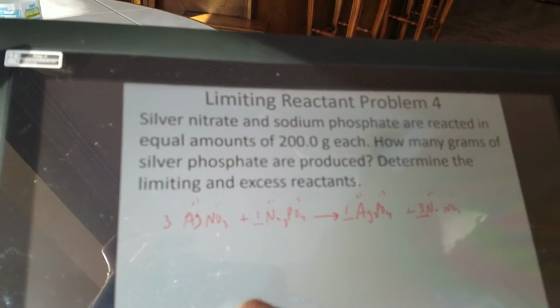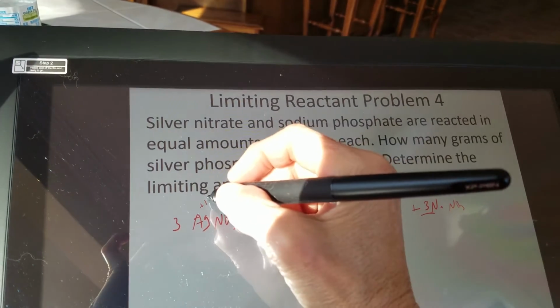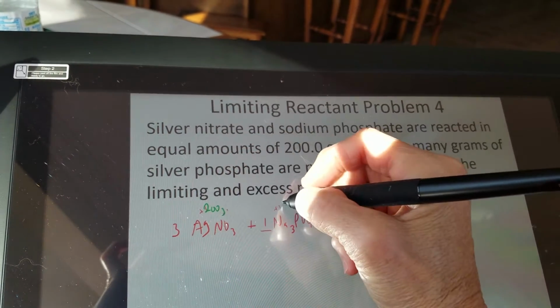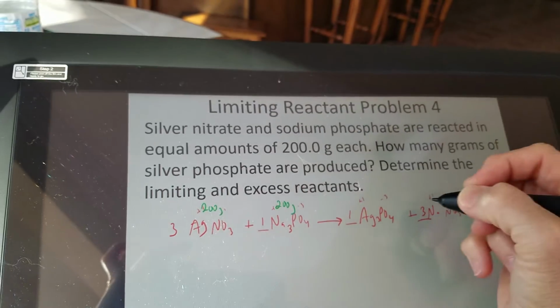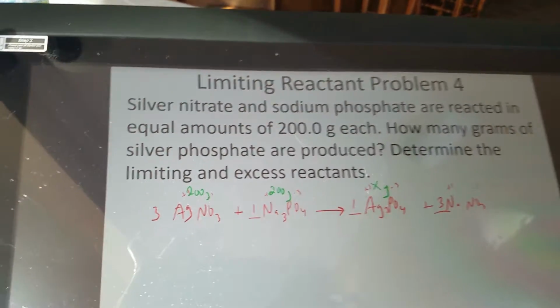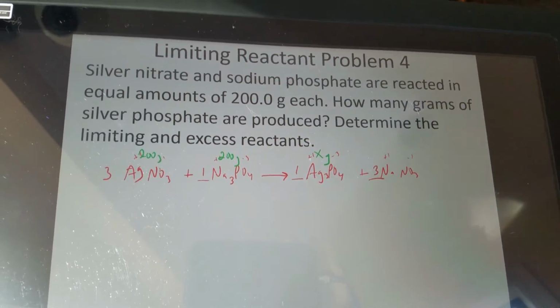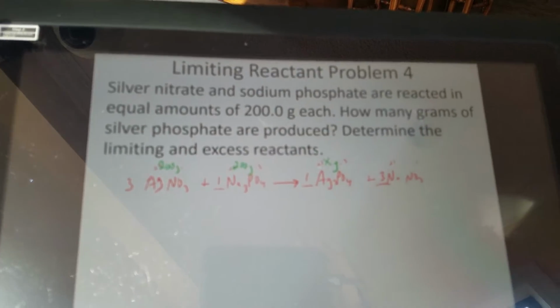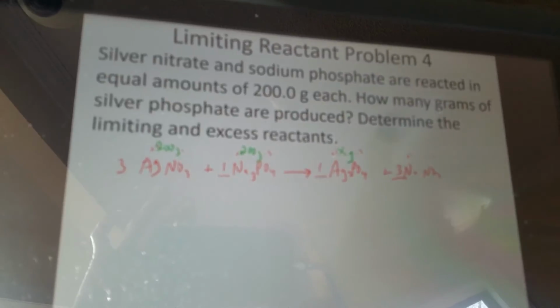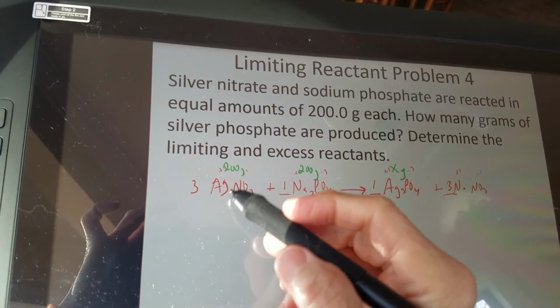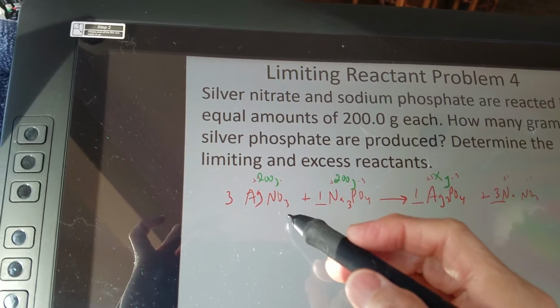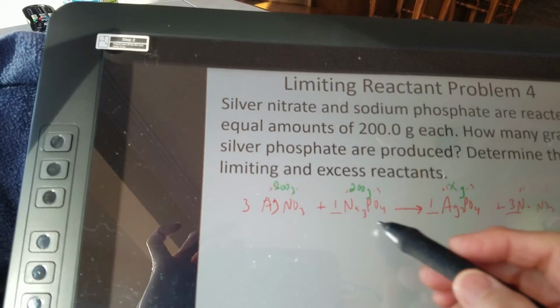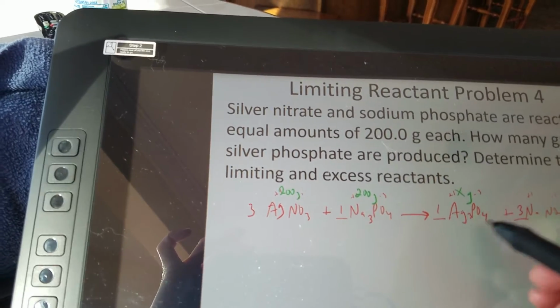I'm going to change colors just so we can see our work a little better. So it tells us that we have 200 grams of both of our reactants, and we're looking for X grams of our silver phosphate. So I need to do 2 stoichiometry problems, both of them starting with 200 grams of one of them, the silver nitrate, one of them with the sodium phosphate, and I'll be going to the silver phosphate.